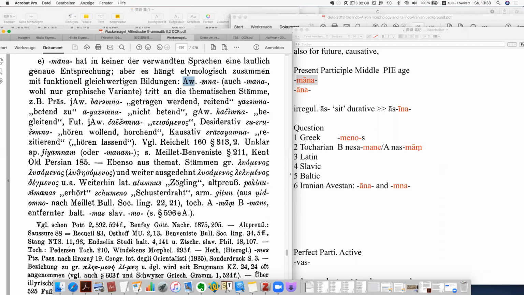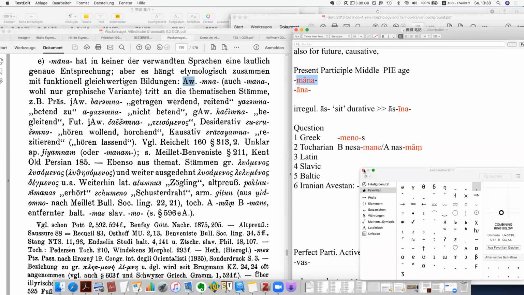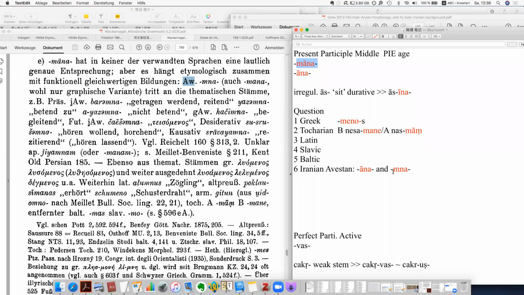In AV, Avestan, it's called mh₁no, and we have already seen it, right? So mh₁no is here. We checked it in the grammar. And also māna, where only graphic variants. So this form māna in Avestan is probably only a graphic variant, so it's by writing.